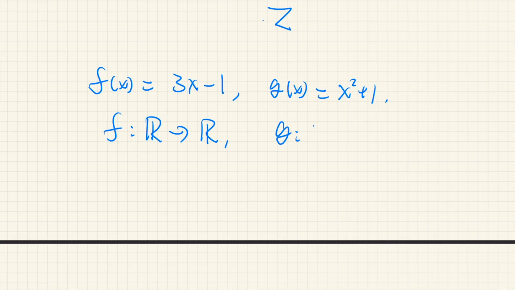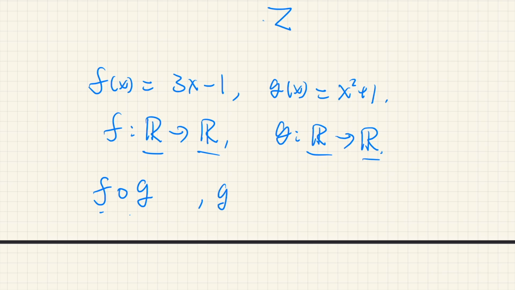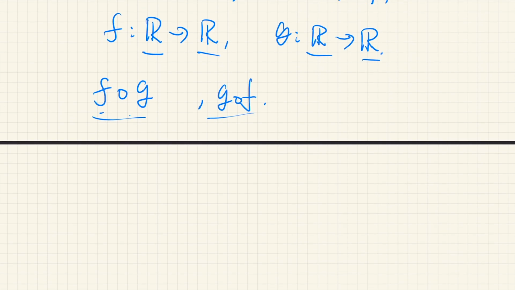So they are actually transformations, but anyway, functions are maps and transformations are maps. And since the domains and codomains of both functions are the same, we can compose in two ways, f after g and g after f. So what are they? Let's find out.